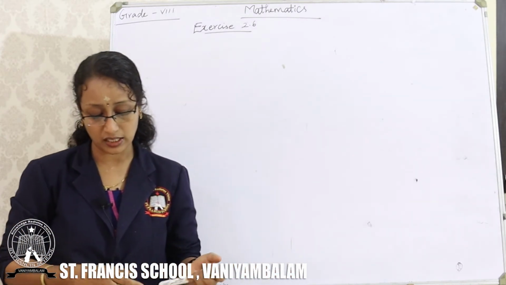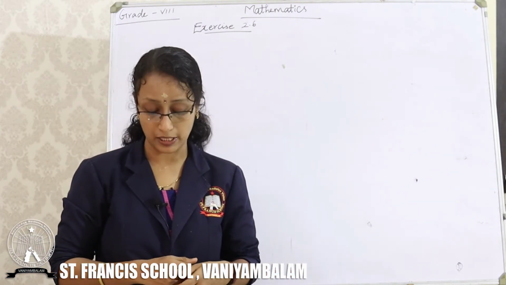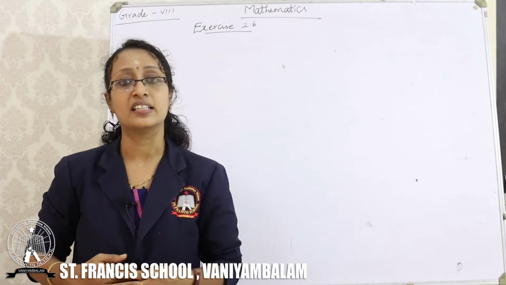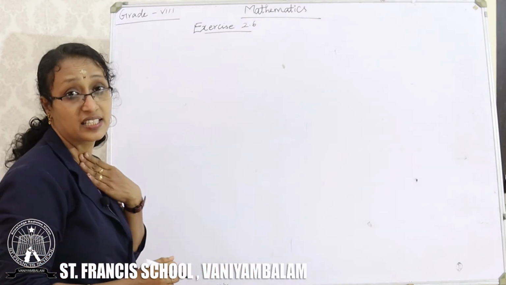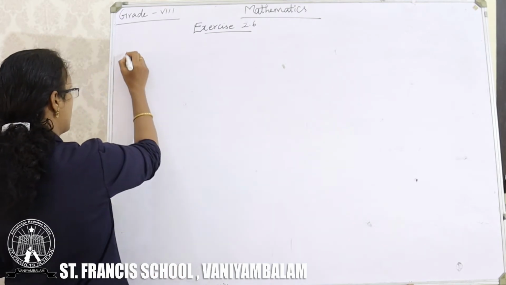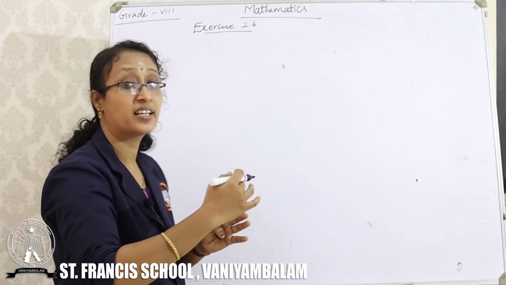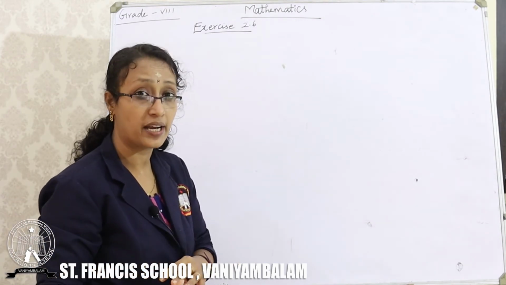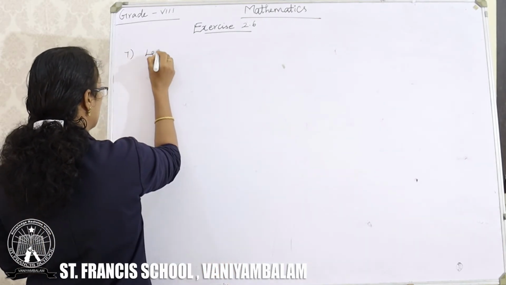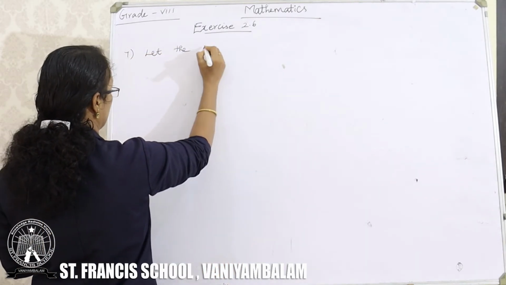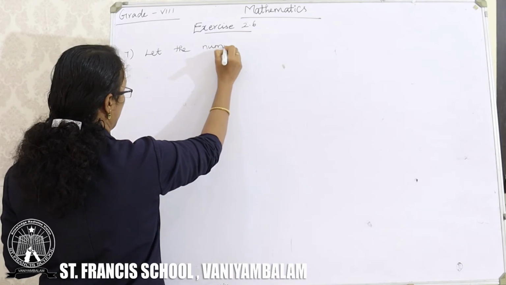We are going to find the fraction now. So it is given the denominator of a rational number is greater than the numerator by 8.